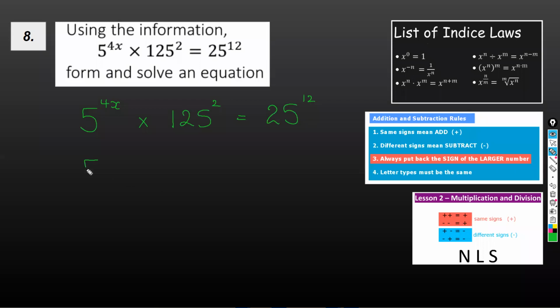Look back in your notes, I gave you a table. 125 can be replaced by 5 to the power something. 5 to the power what will give you 125? Just like how 2 squared is 4 or 2 to the power 3 is 8. 5 to the power what is 125? Great. And it's 5 to the power 3.